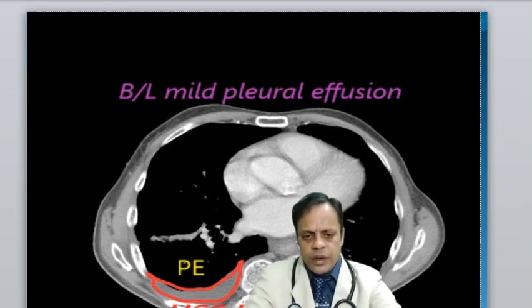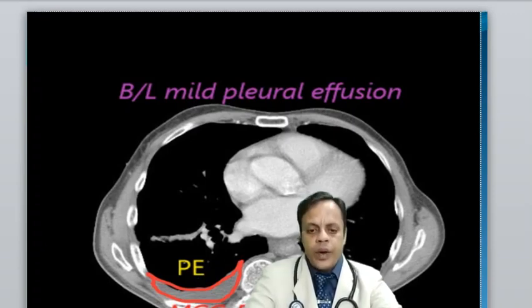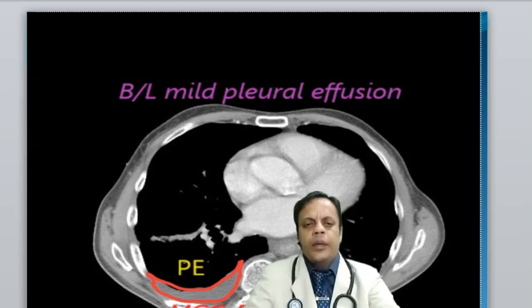So here, friend, you can see this is the mediastinal window, and you can see the lungs appearing dark. This is for mediastinal structures. But the fluid appears grayish inside the mediastinal window, as you can see here. It forms a crescent-shaped shadow at the base, because when the patient is lying in a CT scanner, the posterior part of the chest becomes gravity dependent.